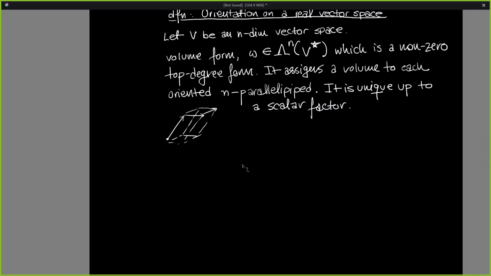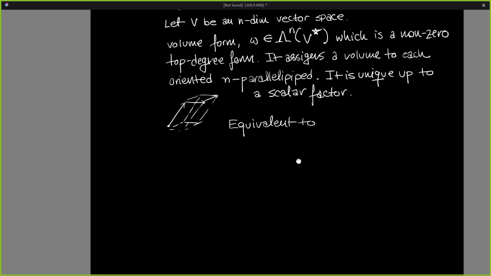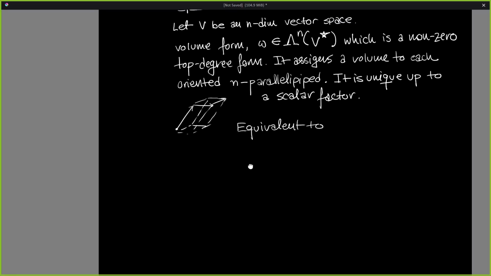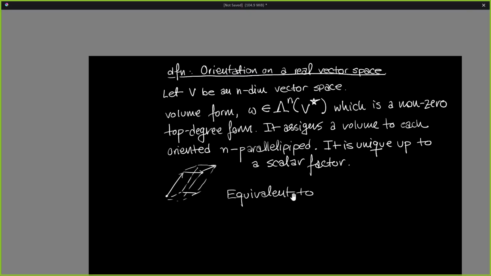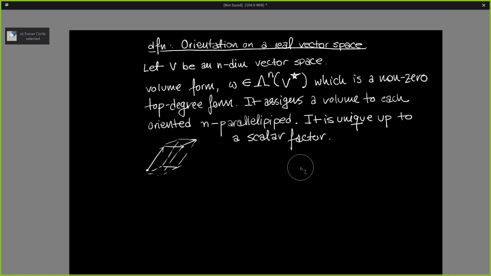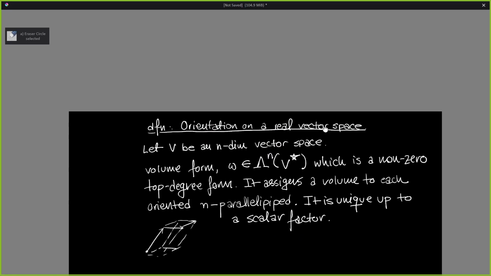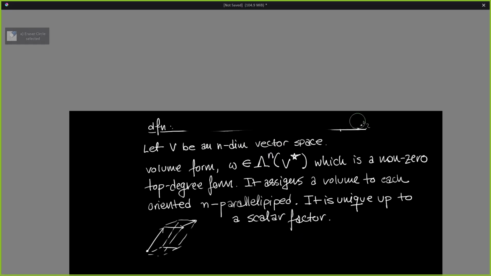So that is an orientation on a real vector space. It's equivalent to, I made a mistake. This is not an orientation on a real vector space. This is a volume form.